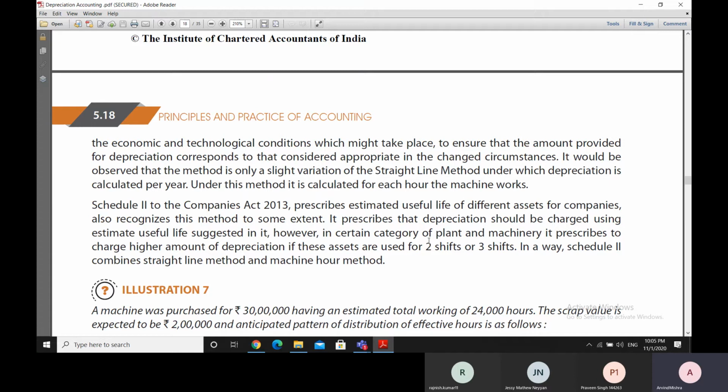Now this prescribes that the depreciation should be charged using estimated useful lives listed in Schedule 2. However, in certain categories of plant and machinery, it prescribes a charge of higher amount of depreciation if those assets are used for 2 shifts or for 3 shifts. In a way, Schedule 2 combines the straight line method and the machine hour method. So Schedule 2 makes use of both the methods and combines them together.